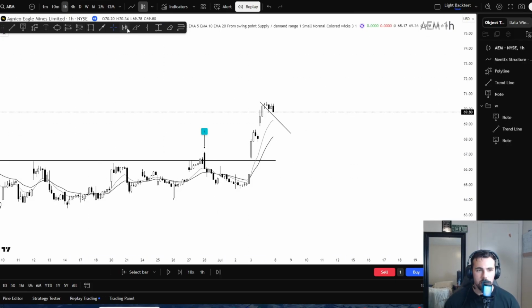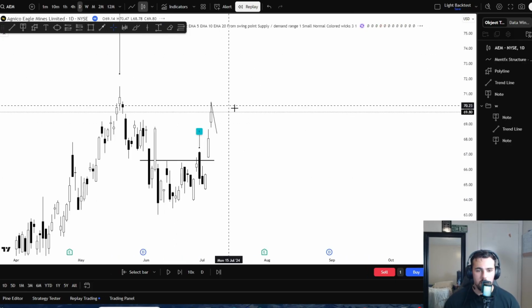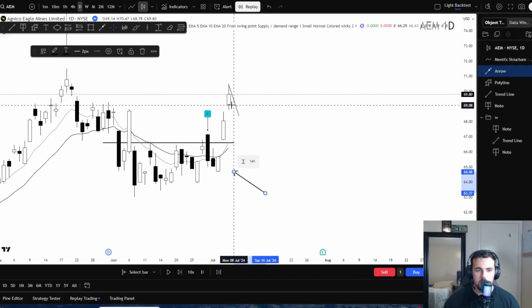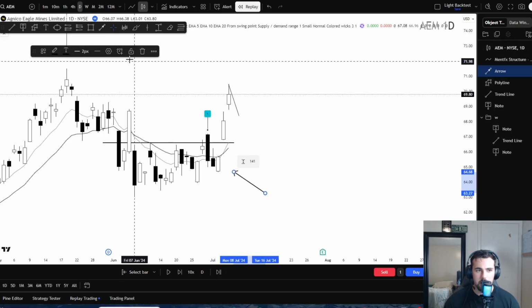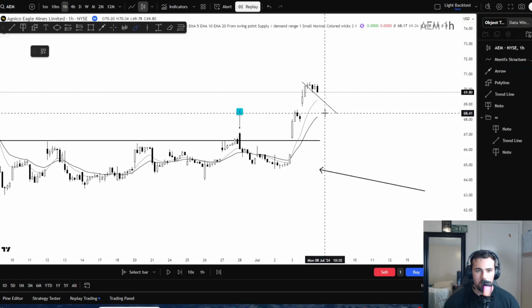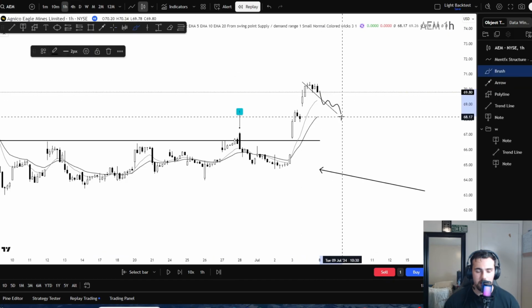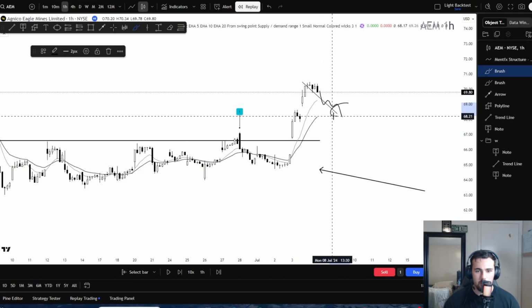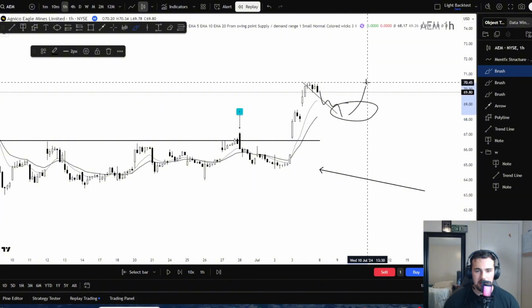Because what sellers tend to fail to realize is they don't see that initial buyers stepped in right here. So when the price is all the way up here and they see the market try to sell down, they're unaware of all the buying positions that got involved here and want to get re-involved in this area to take this market up.